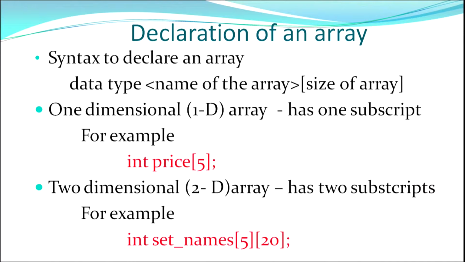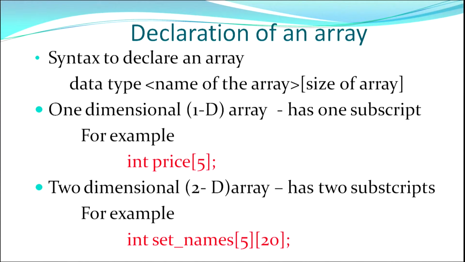Now, coming to how to declare an array. The screen shows you the syntax to declare an array. Since I mentioned before that an array is a set of elements of similar data type, obviously, the data type has to be mentioned while declaring the array.